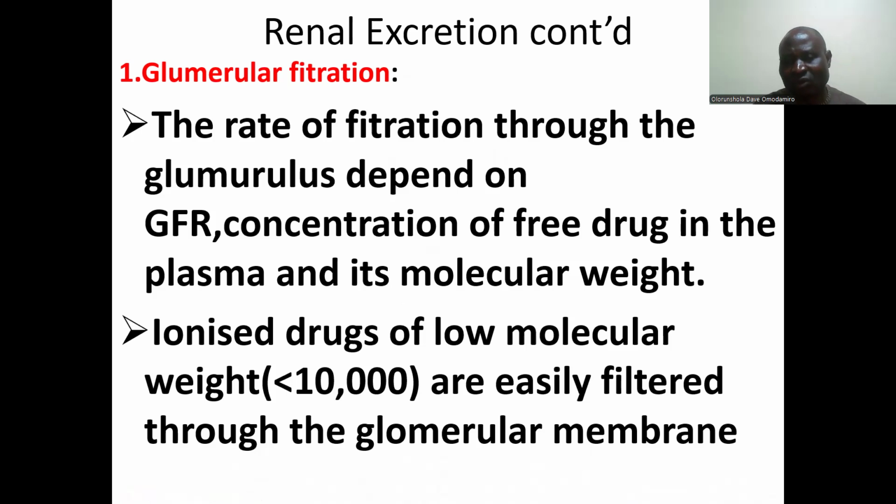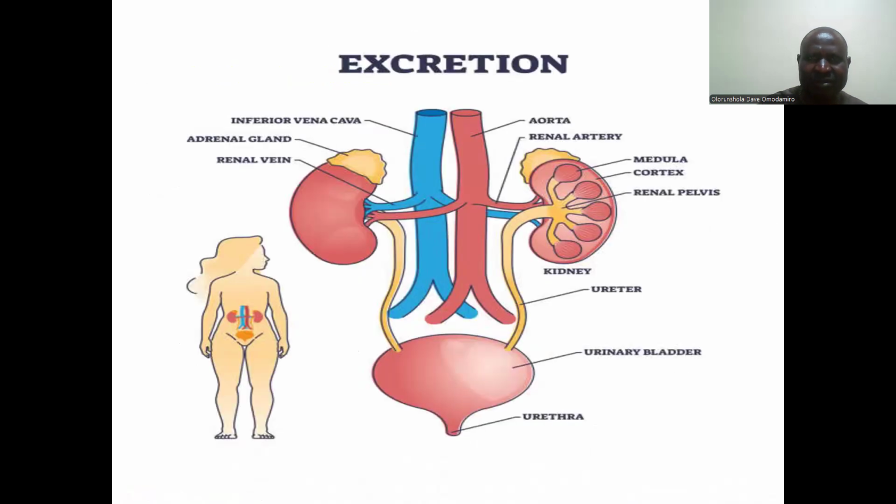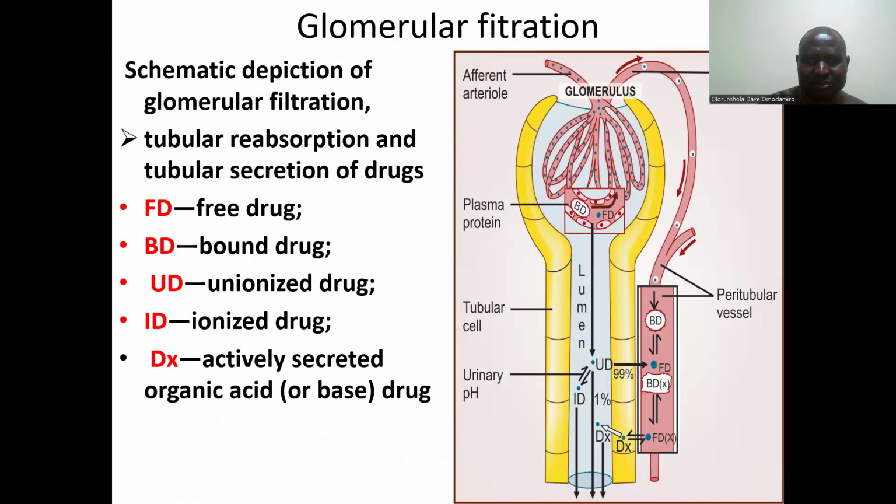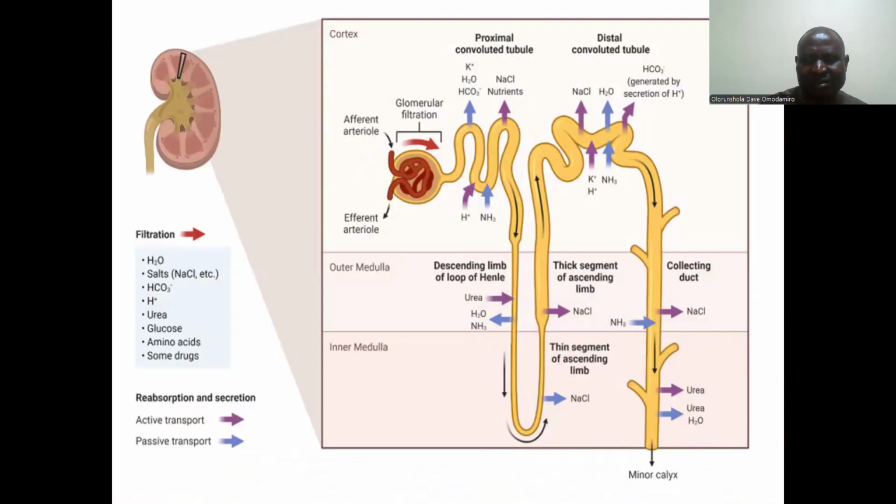So I want you to take note of these conditions that actually affect glomerular filtration. Of course, we have looked at this before, but we're going to use this structure right now to explain the glomerular filtration.